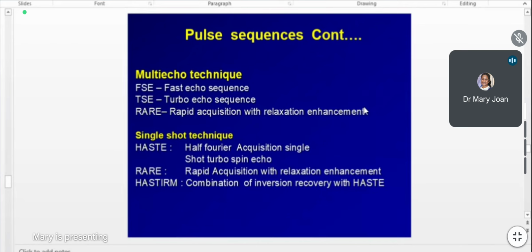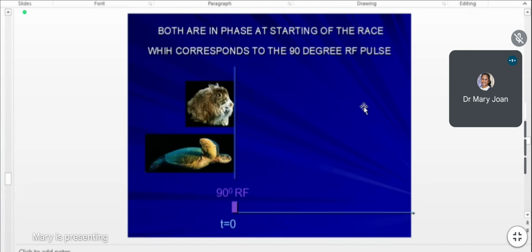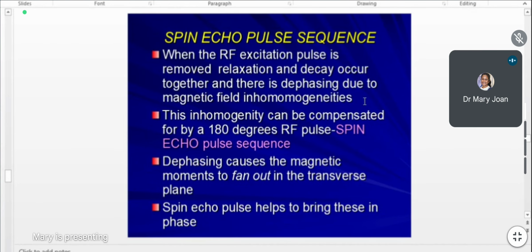Like we are applying the 180 degree pulse, forget about the spin echo pulse sequence we are applying. When we are applying the 90 degree pulse, that is the starting point, and depending on the characteristic of both the runners, they will go at different phases.